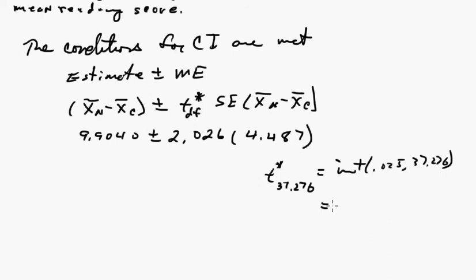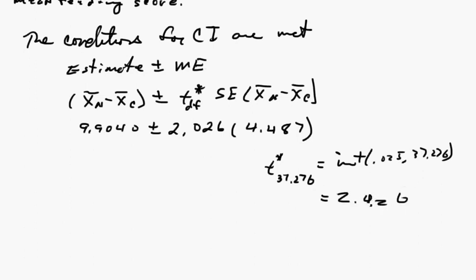So second distribute, inverse t of 0.025, comma, 37.276. Yeah, 2.026. Exactly. I just wanted to confirm. This pen is not fun. 2.026.